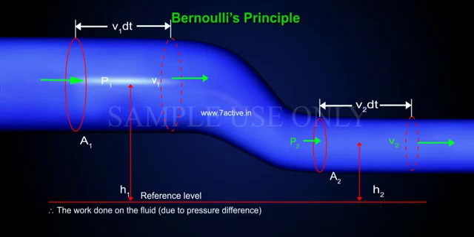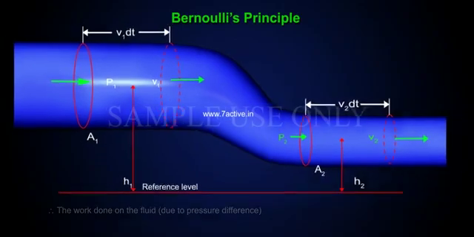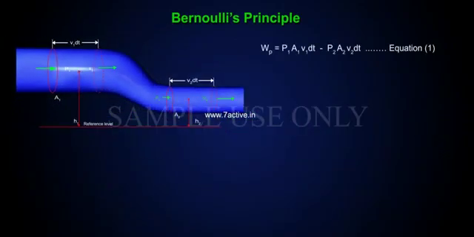Therefore, the work done on the fluid due to pressure difference Wp is equal to P1 A1 V1 dt minus P2 A2 V2 dt. Equation 1.